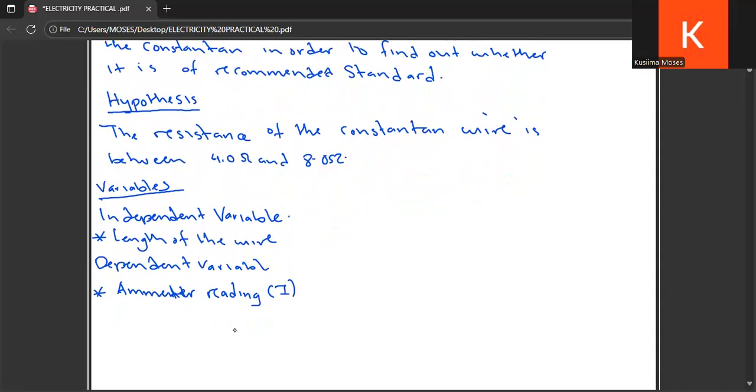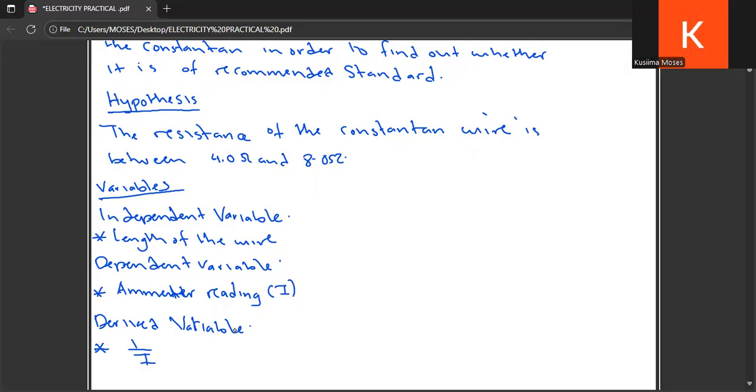Now from here, we shall have our derived variable. The derived variable is a variable that we calculate in an experiment using either the independent or the dependent variable.